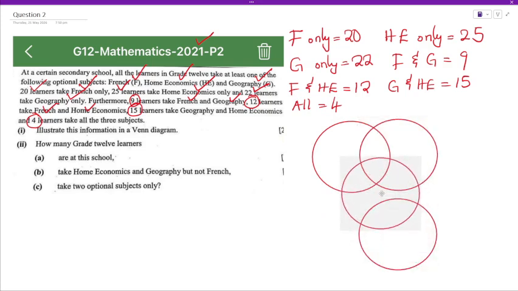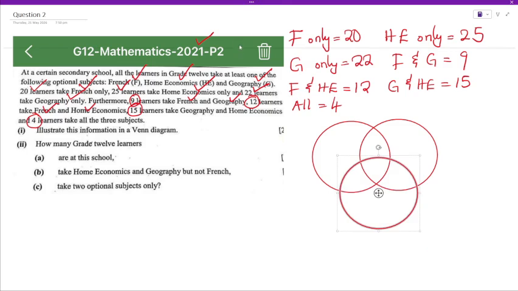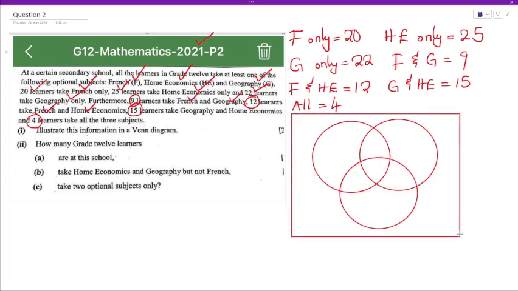Bring you right there. Then we bring in our Venn diagram, our rectangle. Okay, that looks okay. We now start drawing.